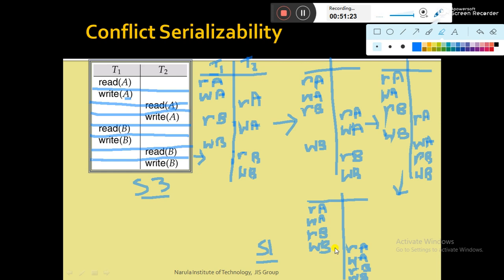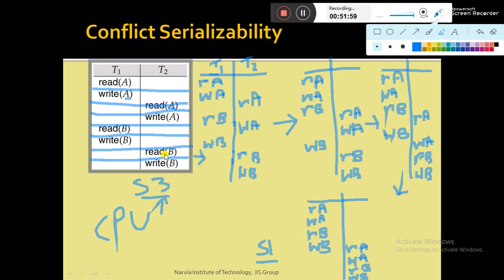That means if a CPU executes the concurrent schedule like S3, then the database will be in a consistent state. Because that concurrent schedule is equivalent to a serial schedule. That means if you execute the transactions concurrently, then it will produce a system state which is equivalent to the system state if transactions T1 and T2 are executed in that order, in serial order.